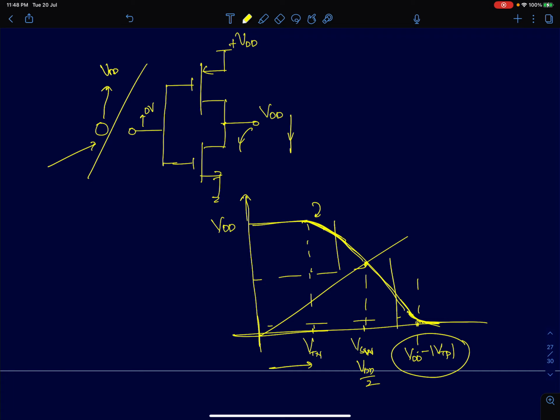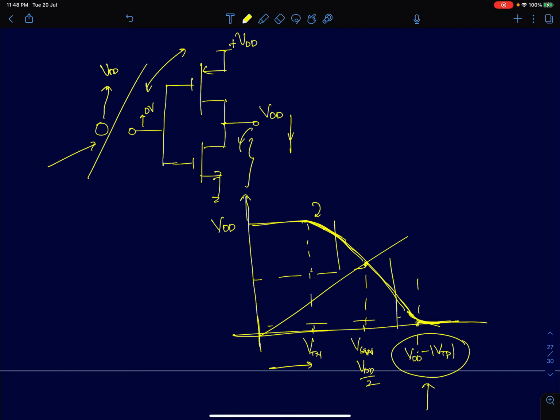As your input keeps increasing, NMOS VDS is decreasing, so the NMOS device will slowly enter into linear region, and PMOS, when your input reaches VDD minus mod VTP, will go into cutoff, and after that the output will be pulled down to ground by NMOS.